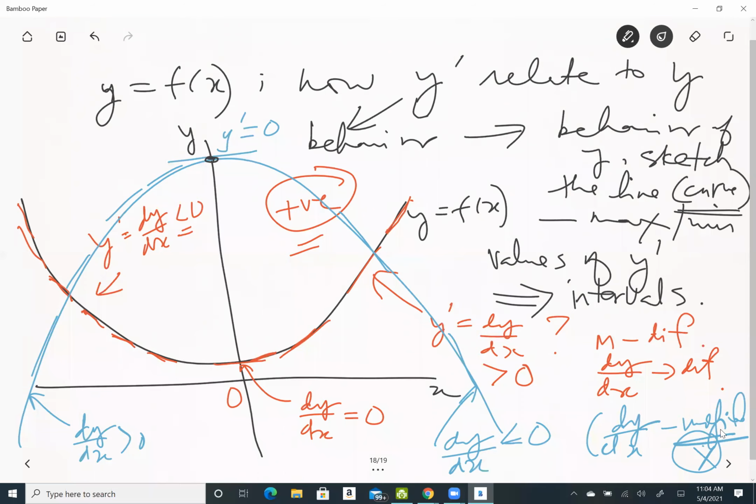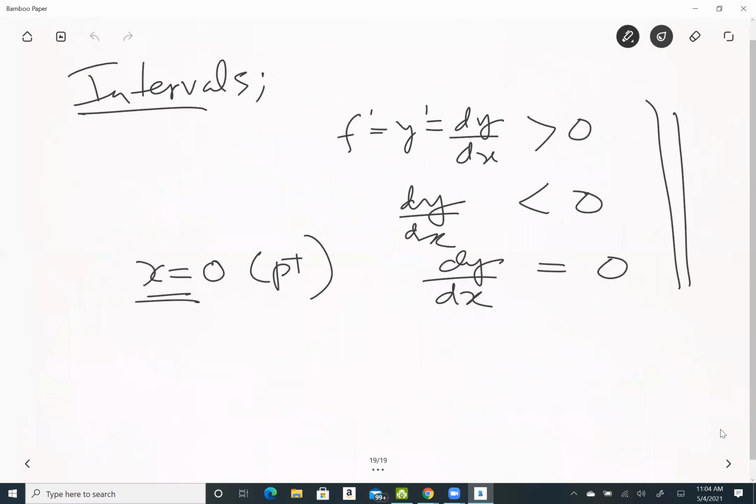So the one point that breaks the function into intervals would be where dy/dx equals 0. Okay, so here x equal to 0. So therefore, you break down the intervals based on this point. Okay, so that is the basis for intervals, dy/dx equal to 0.